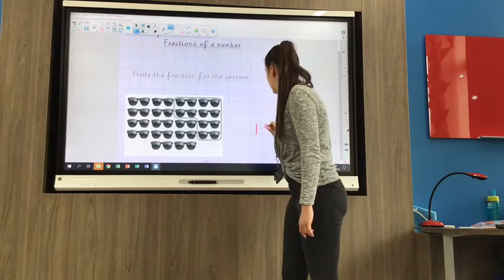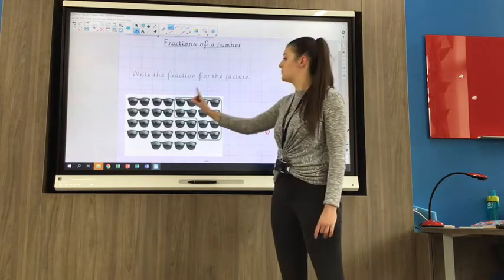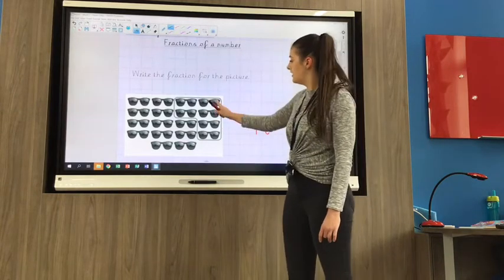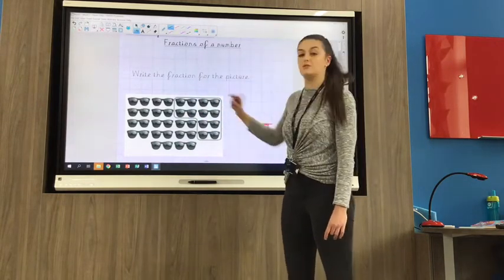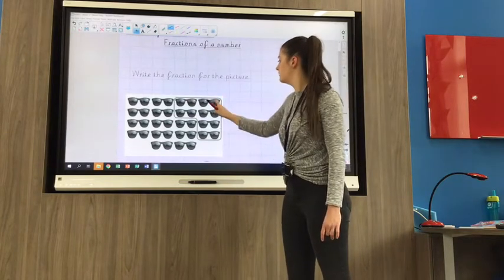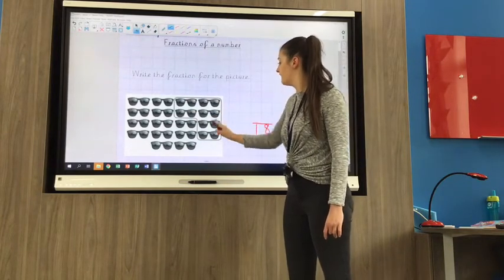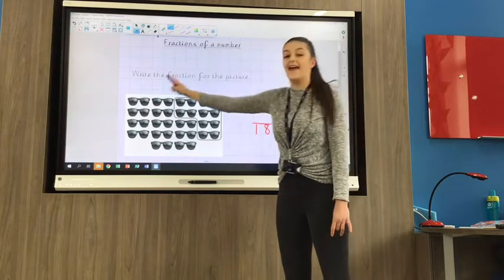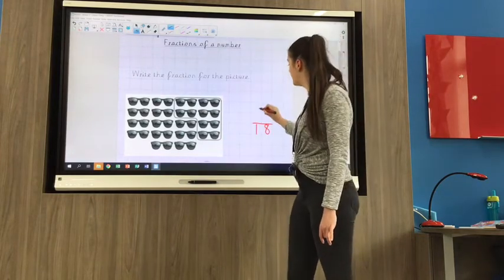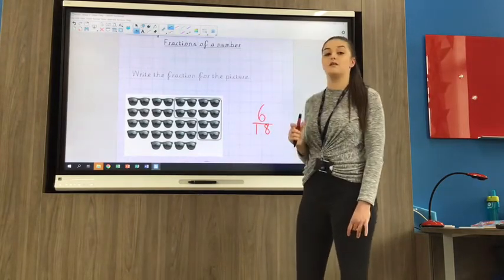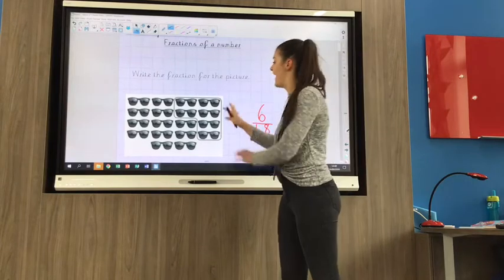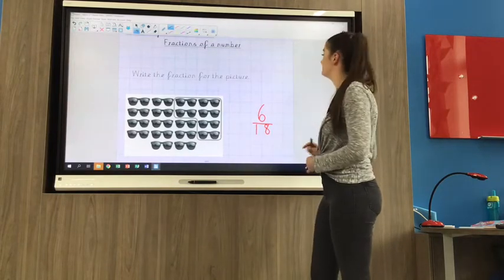If you can't use your times tables, just count each pair. But I've only got this group that's been circled. So I've got 1, 2, 3, 4, 5, 6. So out of the 18 sunglasses, I only have 6 of those that have been circled. So I found the fraction for the picture.